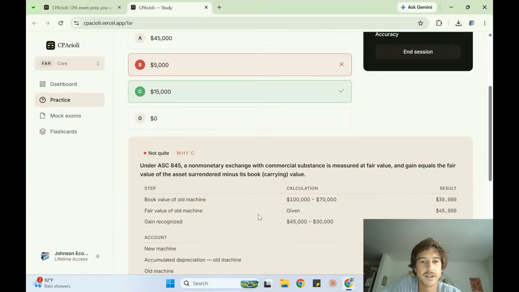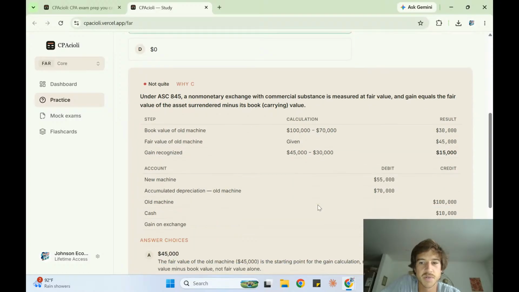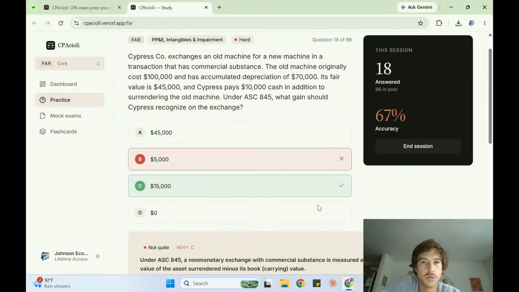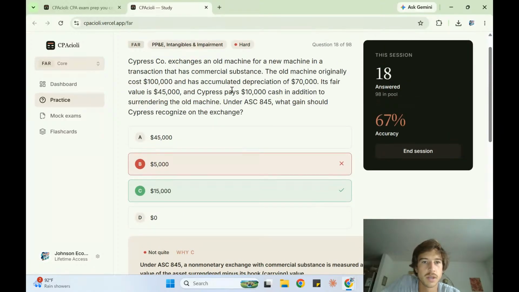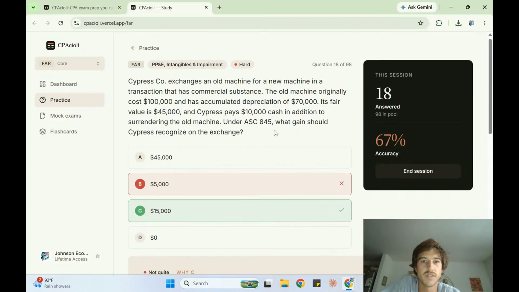Let's see. The new machine is 45 plus 10 is 55. 70, 55.